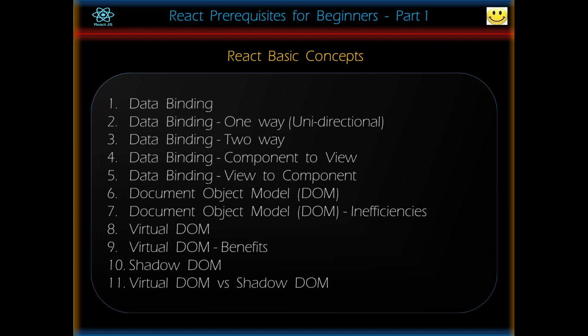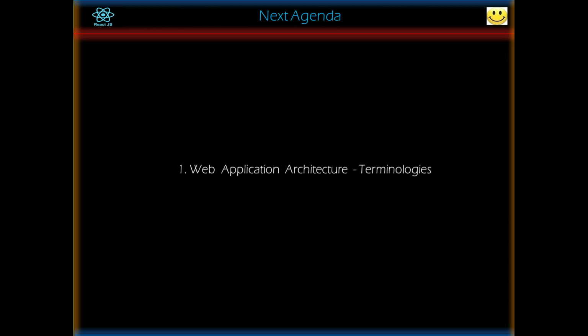In this lecture, we will learn about data binding one way, that is unidirectional, data binding two way, data binding component to view, data binding view to component, document object model inefficiencies, virtual DOM benefits, shadow DOM, virtual DOM versus shadow DOM. The next agenda is web application architecture terminologies.